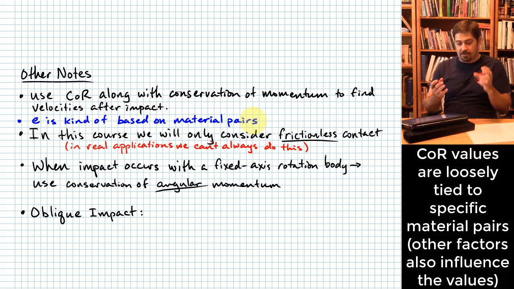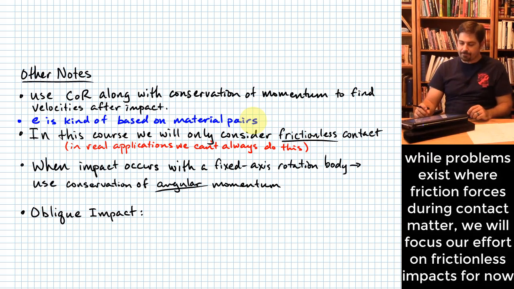You can't just say I have this kind of material and this kind of material, that means I have such-and-such coefficient of restitution. It depends on relative velocities. It depends on various other conditions. We'll just say that we sometimes treat this e as a constant based on material pairs. It is a strong function of material pairs, but it's not completely determined by the material pair, the things that are going to be running into one another.